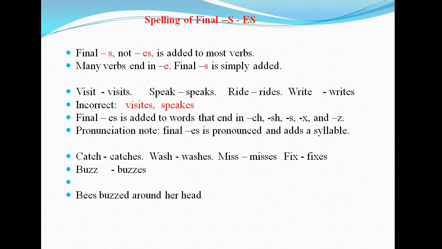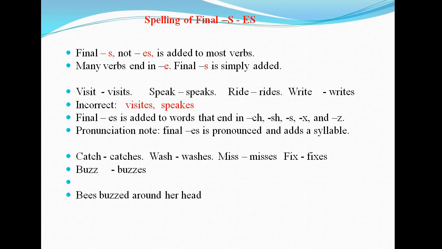Spelling of final s/es. Final s, not es, is added to most verbs. When main verbs end in e, final s is simply added. There are some verbs which end in e, and we only add s, not es. For example, I've given you some examples: visit, visits.